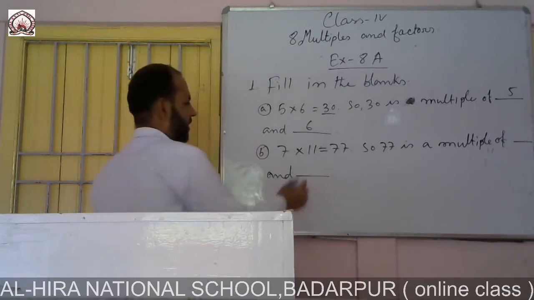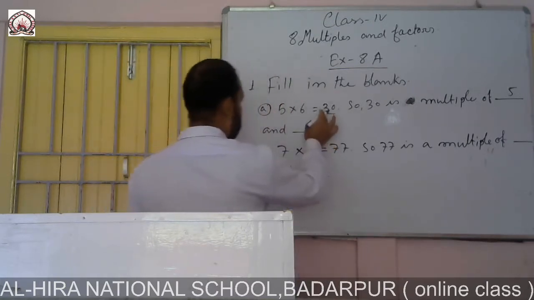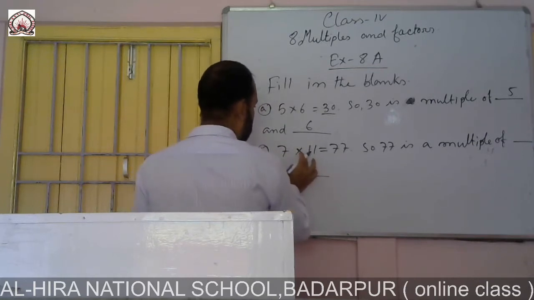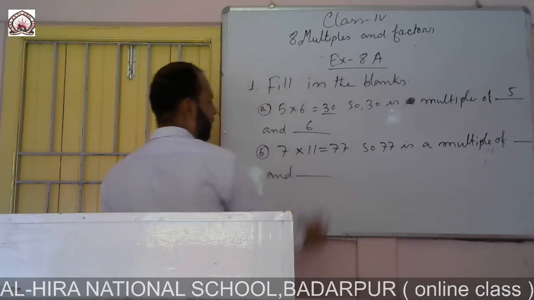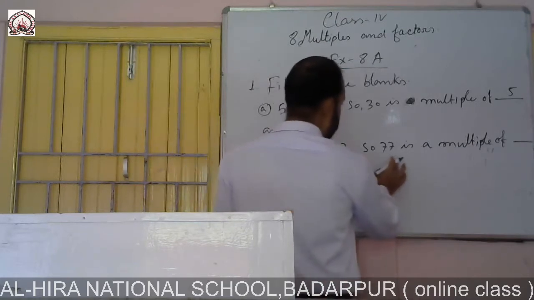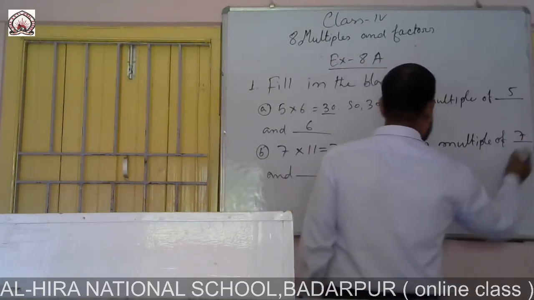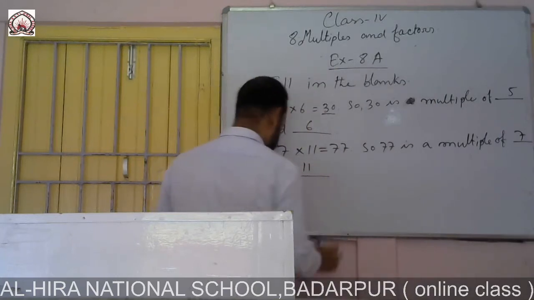So similarly it is 7 into 11 equal to 77. So 77 is a multiple of 7 and 11.